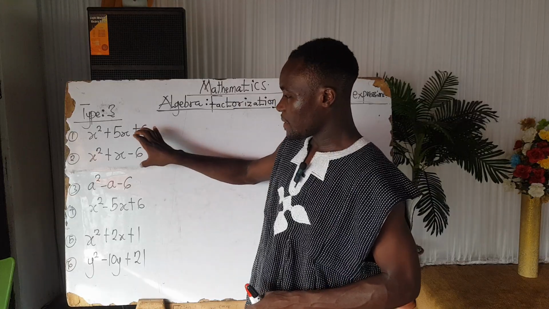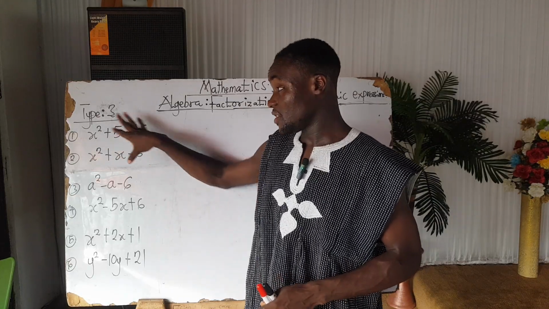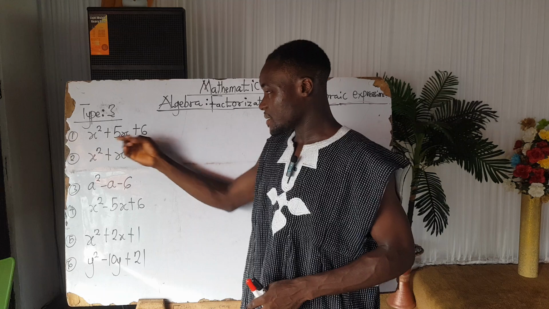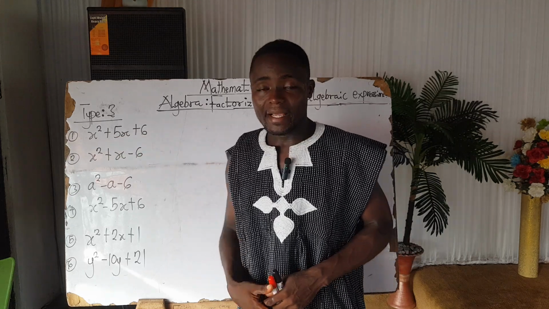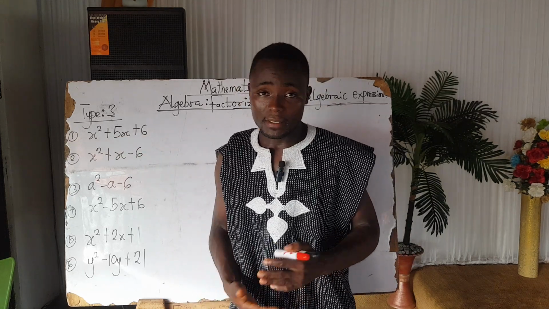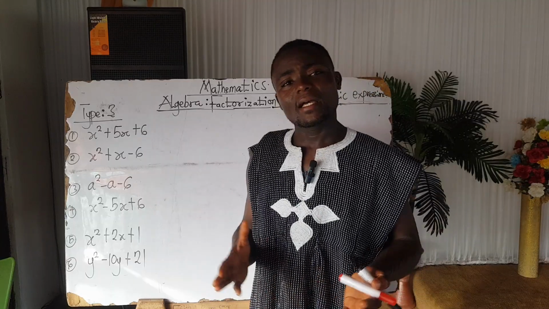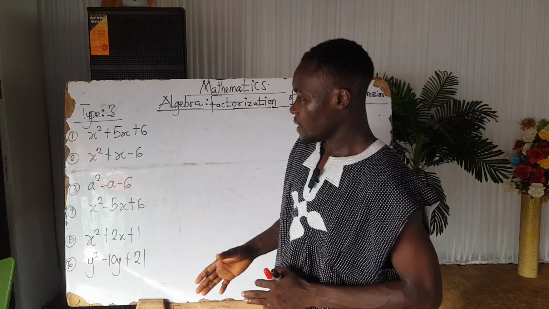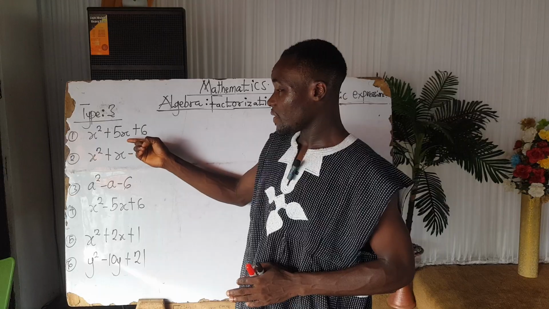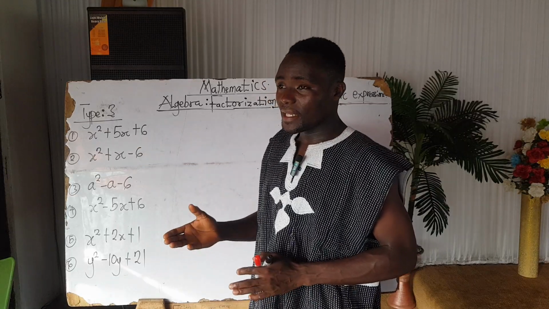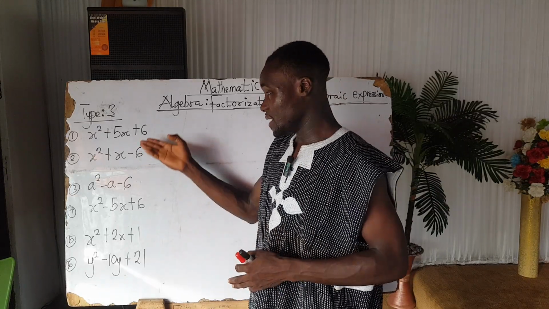Now, looking at questions which are of this nature, we call this expression a quadratic expression in terms of algebra, and some people call it a quadratic trinomial. Are you getting me? Here it is quadratic because, looking at the expression that we have there, we have the same variable within the expression.